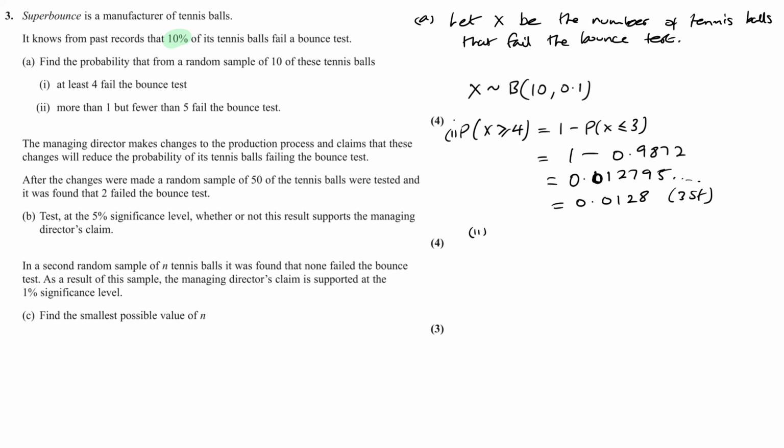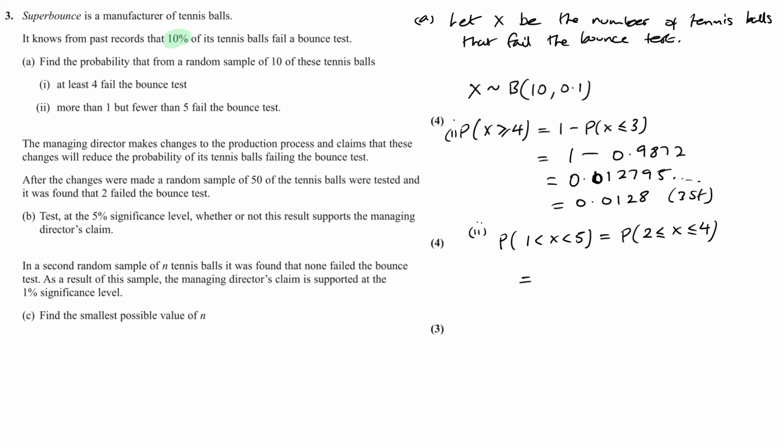Part 2: more than 1 but fewer than 5. So the probability that it is more than 1 but fewer than 5. If I rewrite that, fewer than 5 means it has to be at most 4, and more than 1 means at least 2, so it's between 2 and 4.